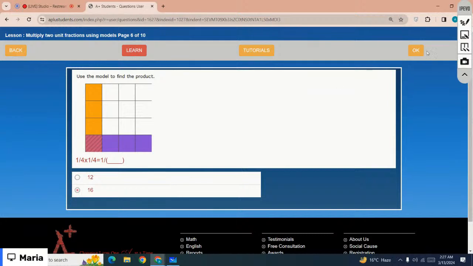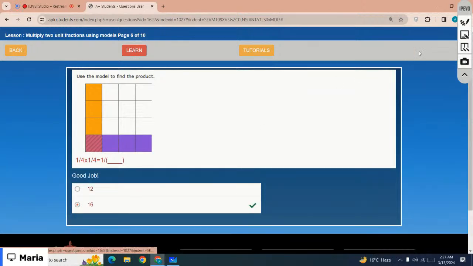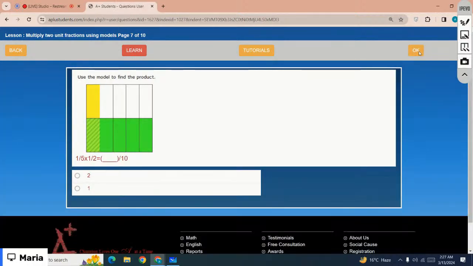Option number 2 is the correct option. Use the model to find the product 1 by 5 times 1 by 2, which is the correct option.